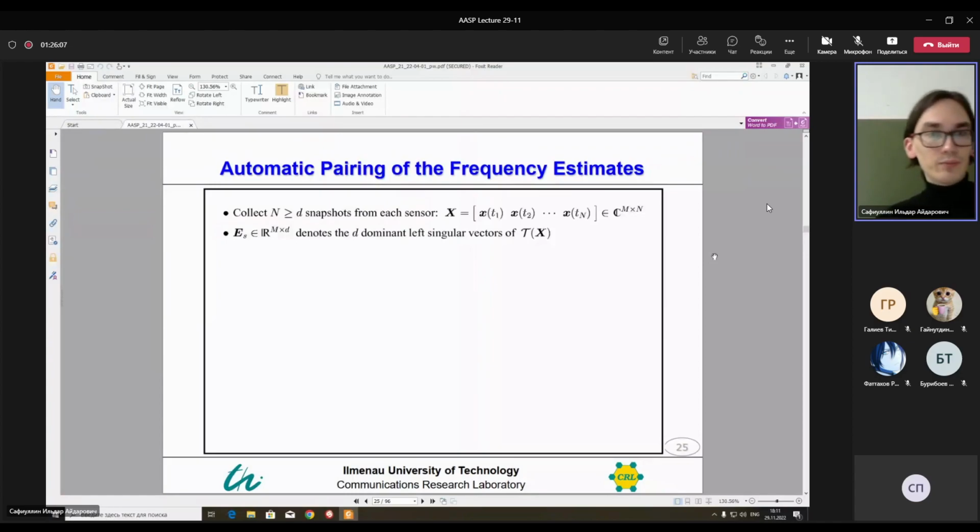And then we need to find the left singular vectors of the transformed X. So we can continue. Or maybe let's make our break right now, and we will continue after 10 minutes. Then we will go deeply inside of this 2D Unitary ESPRIT algorithm.